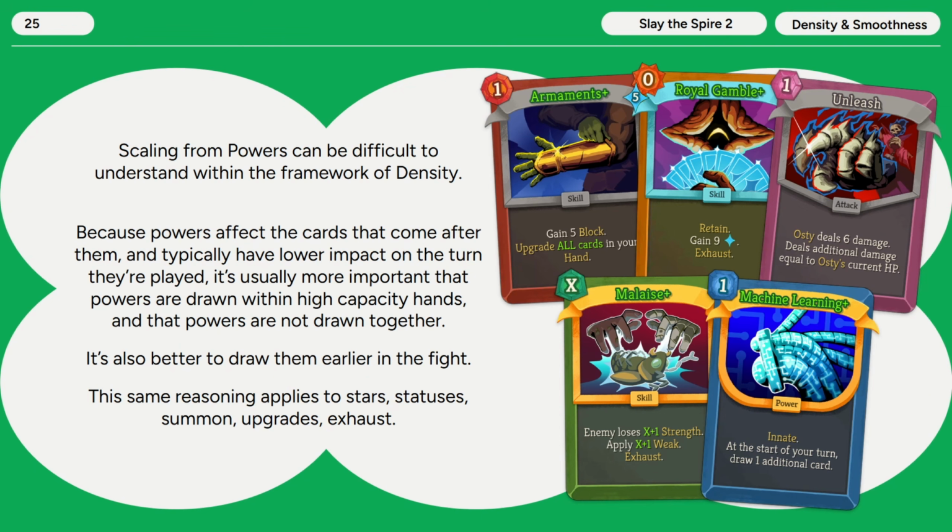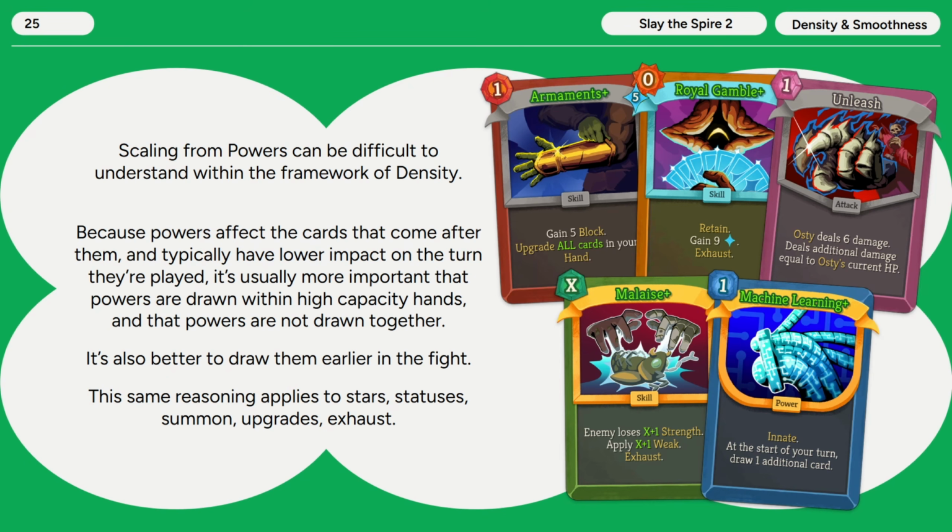It's also better to draw them earlier in the fight, because then you get the advantage of their modifier over more turns and more card plays. And all of this same reasoning applies to stars and Sathuses and summon and upgrades and exhaust as well, right? The earlier you exhaust an effect, the more times you avoid drawing it. The earlier you get your stars, the more likely it is that you get to actually play the star costing cards that you draw.